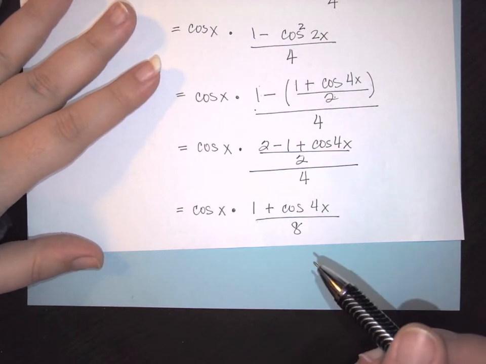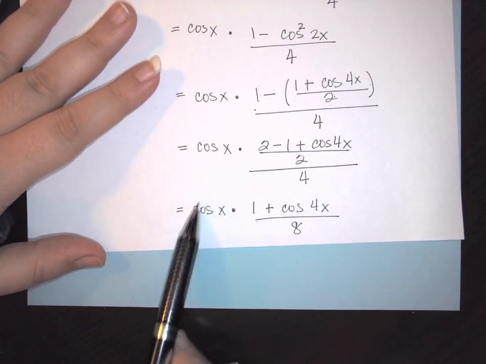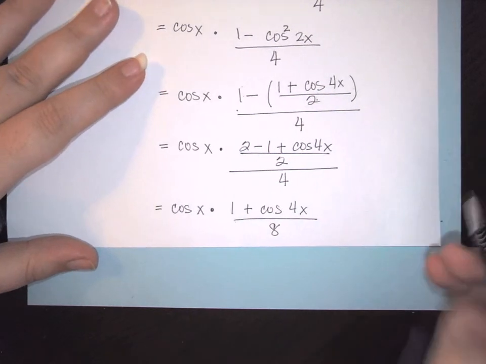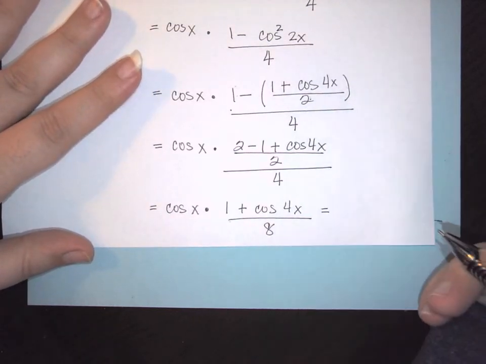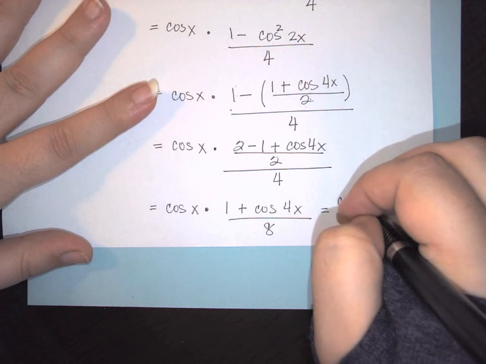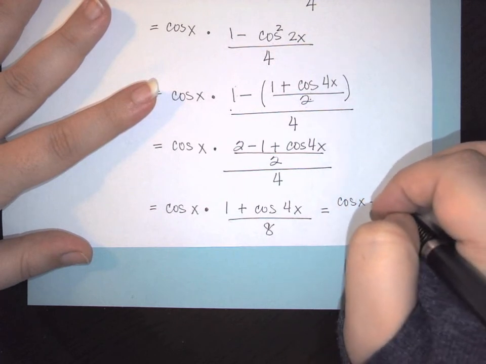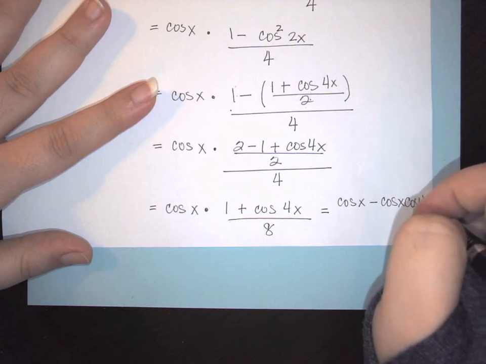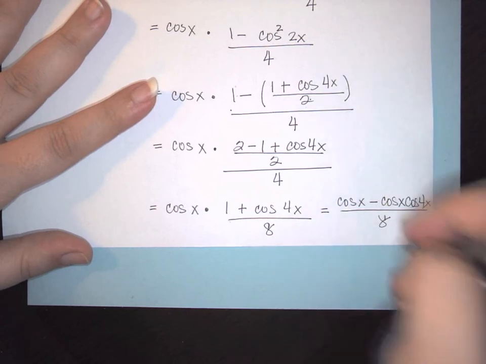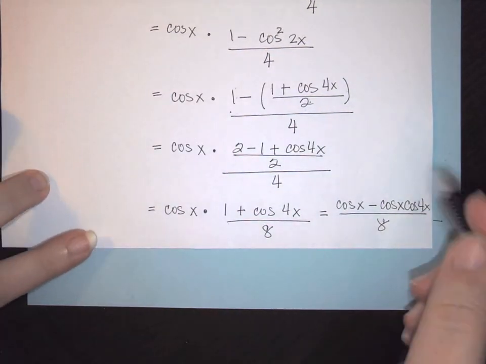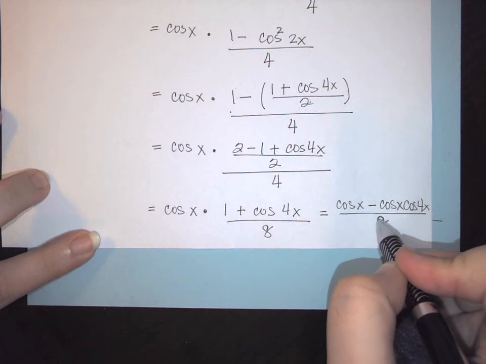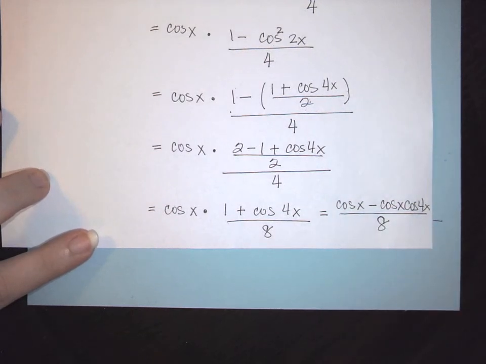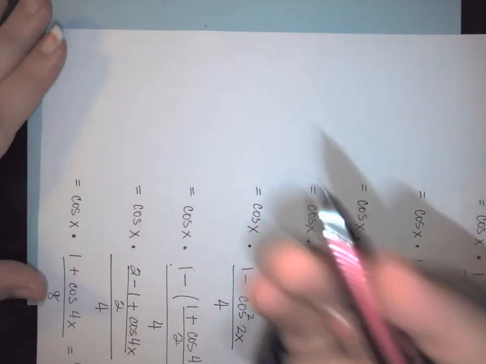The only other thing that's left for us to do is to multiply this in. So here what we actually will end up with is the cosine of x minus the cosine of x times the cosine of 4x, all over 8. Okay. So to make that a little clearer, I'm going to turn my paper sideways here.